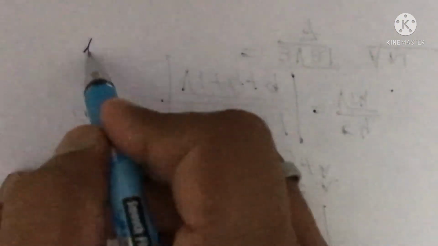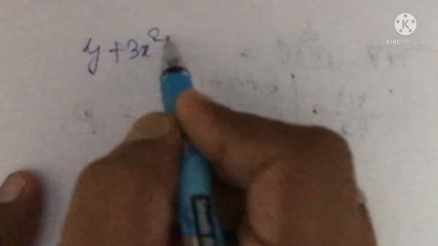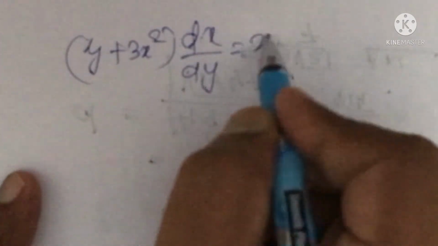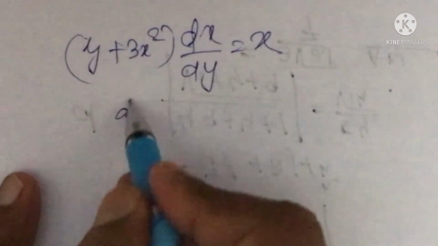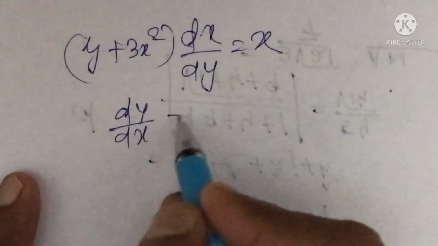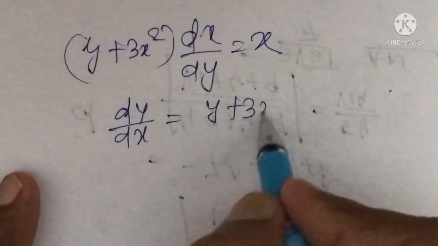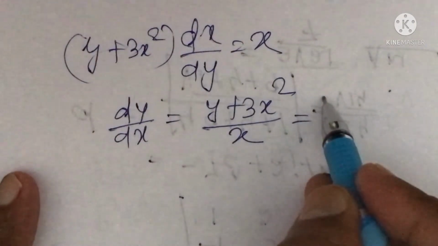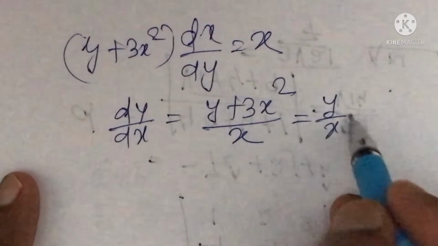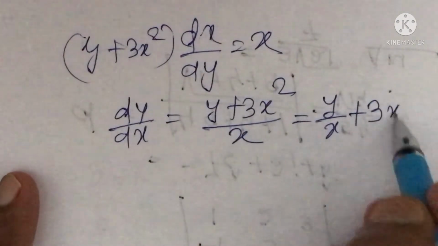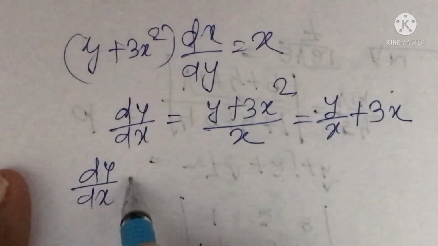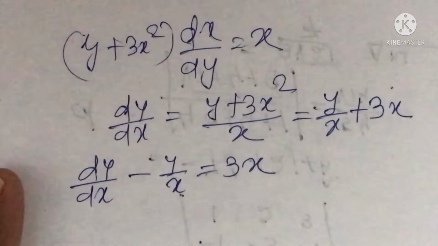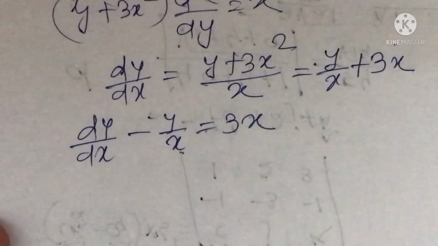Question is y + 3x² dx/dy = x, or we can get dy/dx is equal to (y + 3x²)/x, which is equal to y/x + 3x. Now dy/dx - y/x is equal to 3x, which is a linear differential equation.